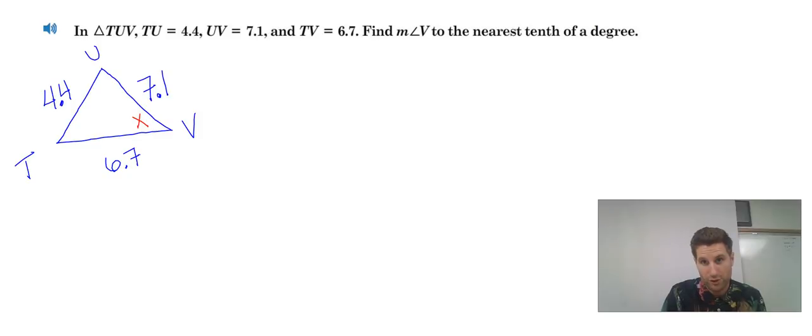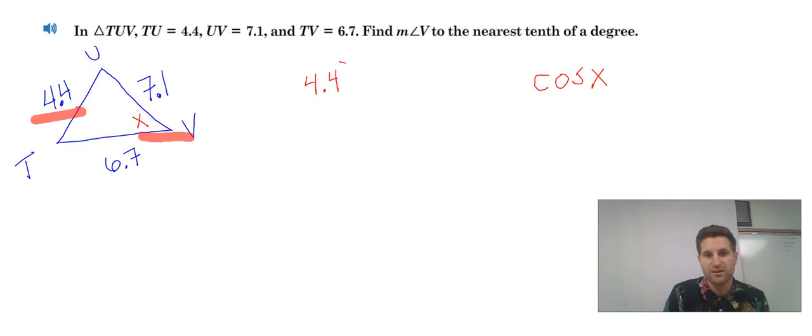Well, I'm going to show you. Again, we want to focus on that one side and that one angle that are opposites. And that's going to be the start of our equation. So we're going to do the cosine of the angle all the way off here to the right, and it's x. And then on the other side, we're going to do 4.4 squared. They have to be on opposite sides of the equation, just like they're on opposite sides of the picture. x is across from 4.4.